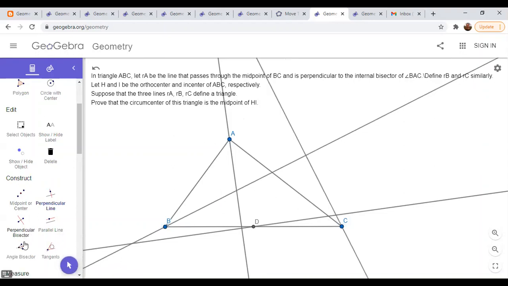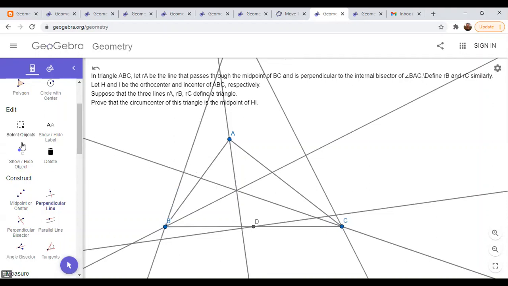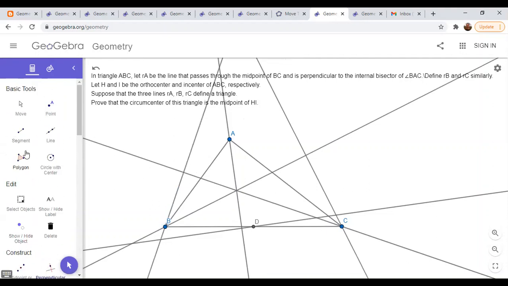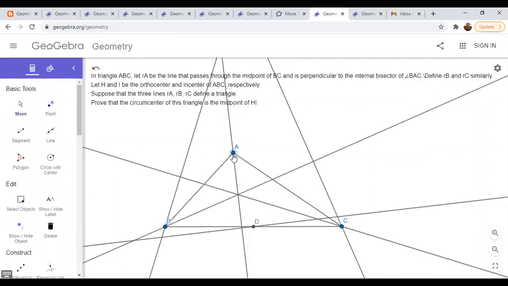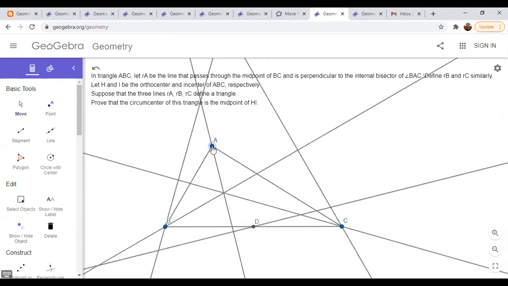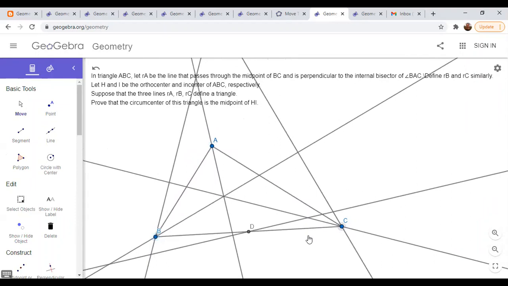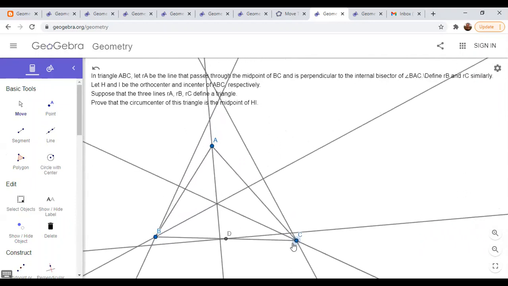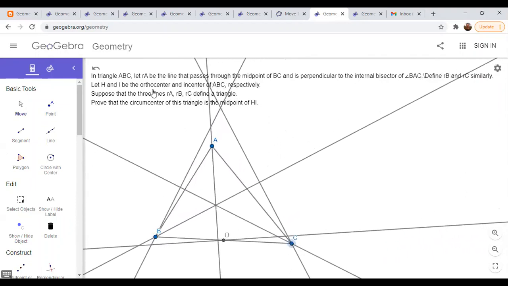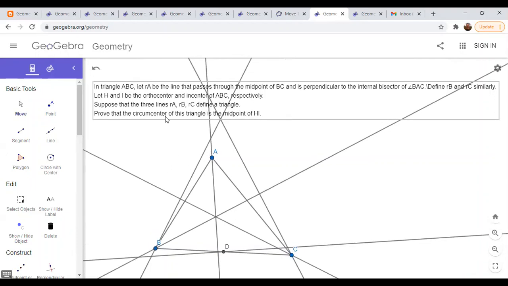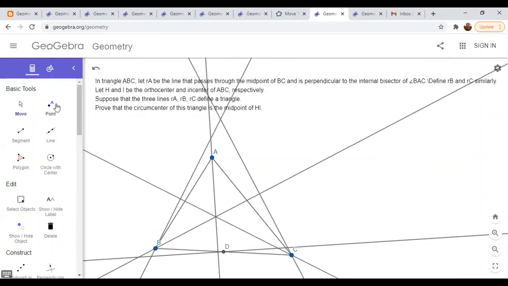So we have that, and then we have this. And they form a triangle, and we want to show the circumcenter of it is the midpoint of HI. All right. It seems beautiful. I don't know, but it looks interesting. Let's see.